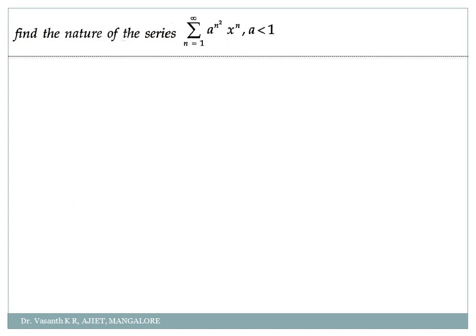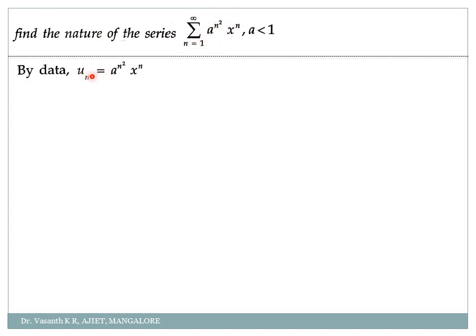So here I have my first problem. Find the nature of the series summation, forget about the summation, don't worry, a to the power n square x to the power n. Which root test is applied? Cauchy's is applicable because we have something to the power n here, correct? See here, a to the power n square and x to the power n. So first you call this un.